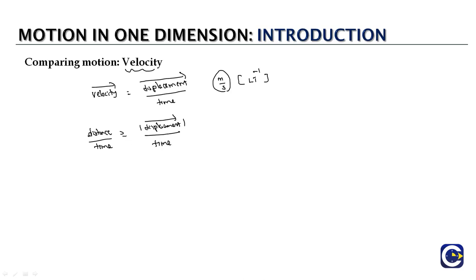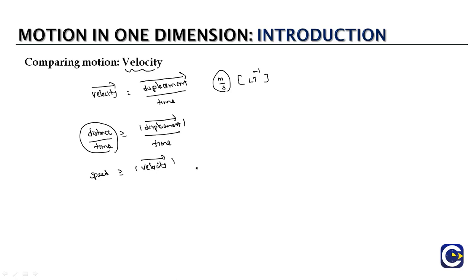Why? Because in the previous formula, distance is always more than or equal to the magnitude of the displacement. We just divide both sides by time, and over here we get speed, which will always be more than or equal to the magnitude of the velocity. So this is about the relation between the speed and the velocity.